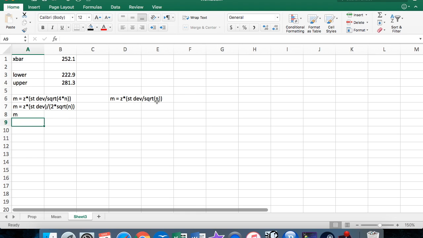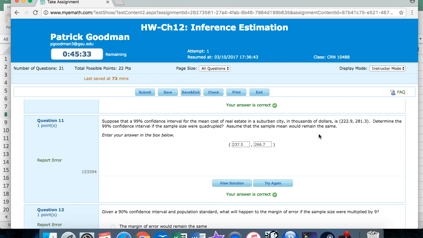Multiply both guys by 2. Your m gets multiplied by 2. Oh, that shouldn't be the case. Huh. So let me see. If my sample size were quadrupled, that's 4 times that.